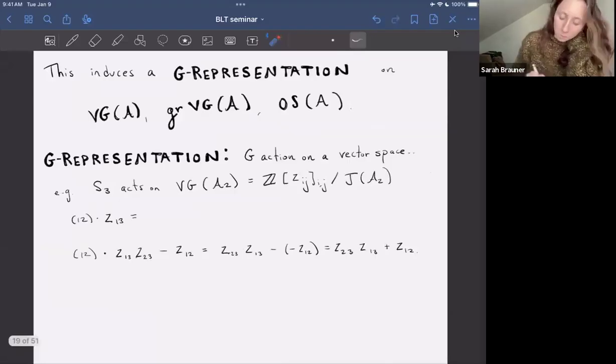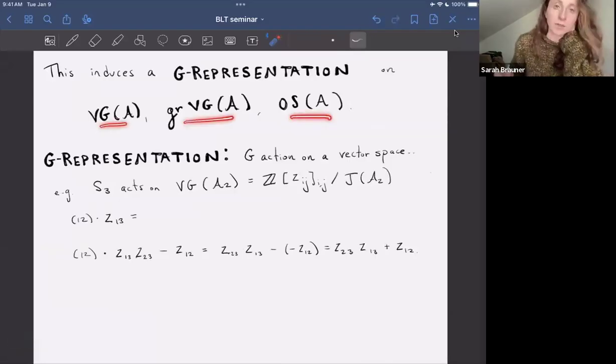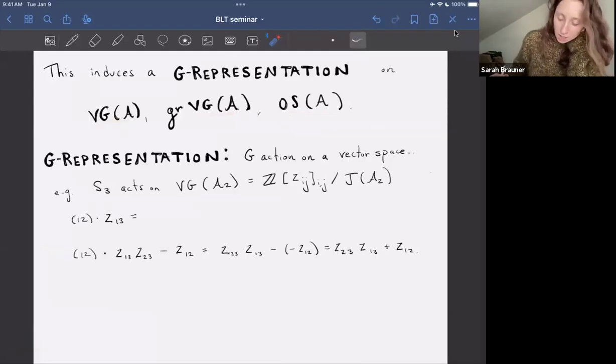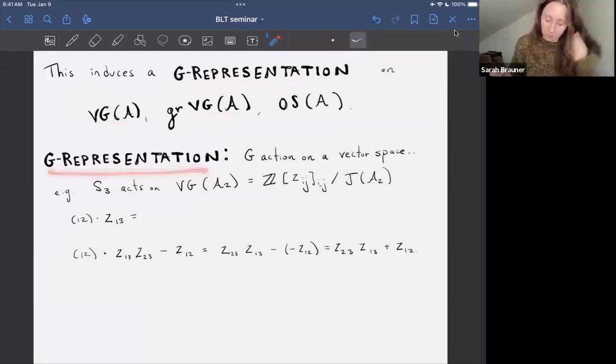Because all of these rings come from cohomology, when I have an action on the space, this will induce a representation on the rings. The way you should think about a representation, if you're not super familiar, is that it's just some sort of group action on a vector space. For example, S3 is going to act on this Varchenko-Gelfand ring just by acting on the indices of the generators.